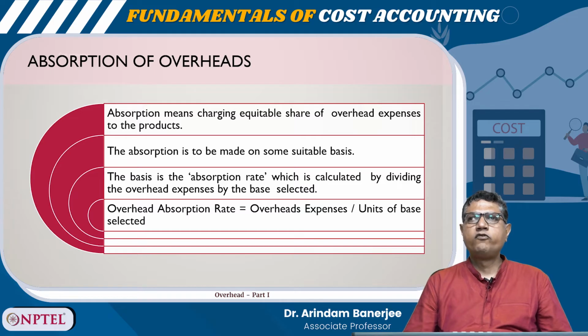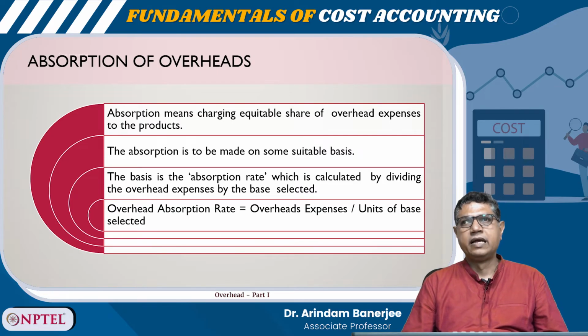So, absorption of overheads. Absorption means charging equitable share of overhead expenses to the products. The absorption is to be made on some suitable basis. The basis is the absorption rate, which is calculated by dividing the overhead expenses by the base selected. Overhead absorption rate is equal to overhead expenses divided by units of base selected.